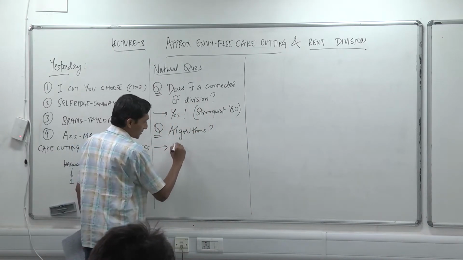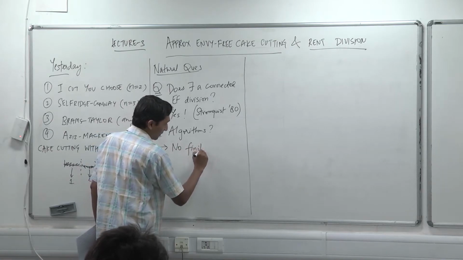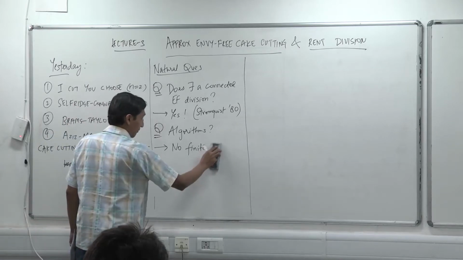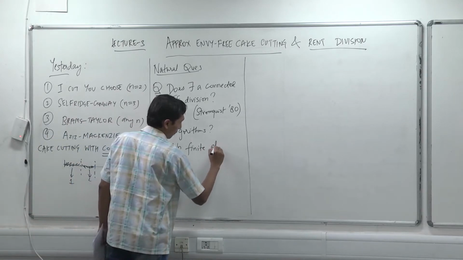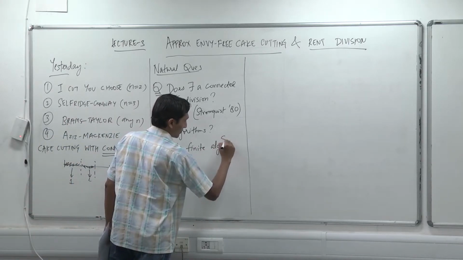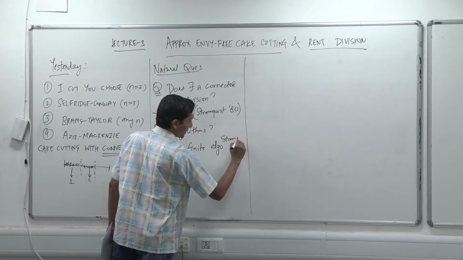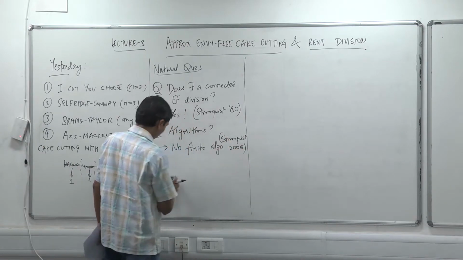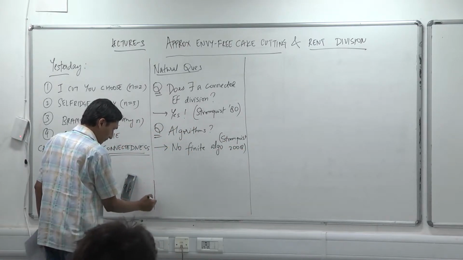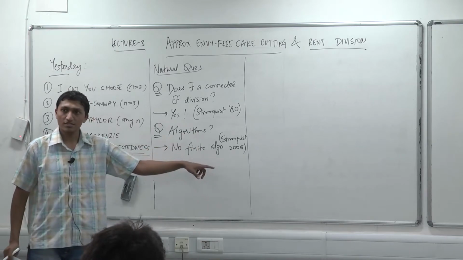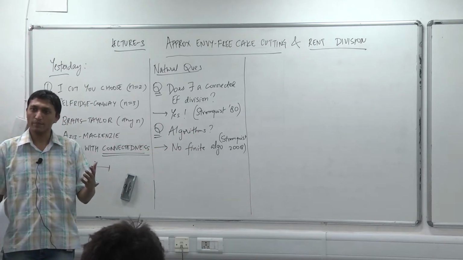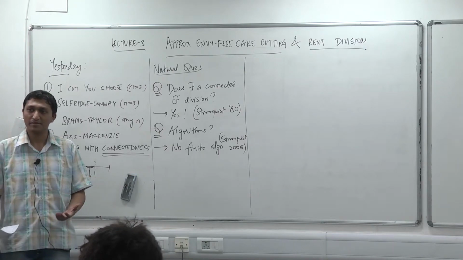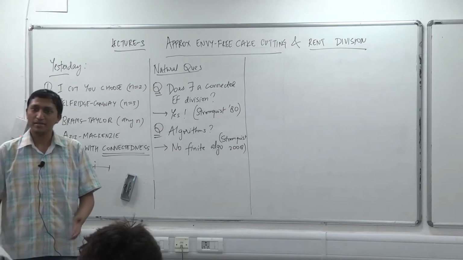And the answer is that there is no finite protocol or algorithm. This is from a paper by Stromquist again, from 2008. By the way, these references you can find on the web page for this lecture series. And if anyone is unable to find me, please send me an email. If you're not able to find my email, ask me.